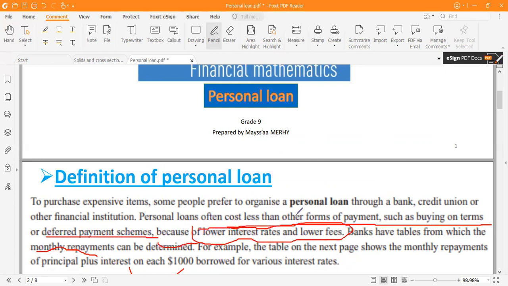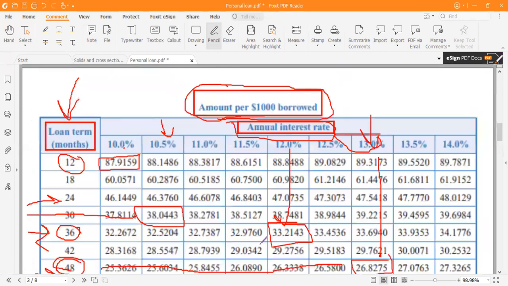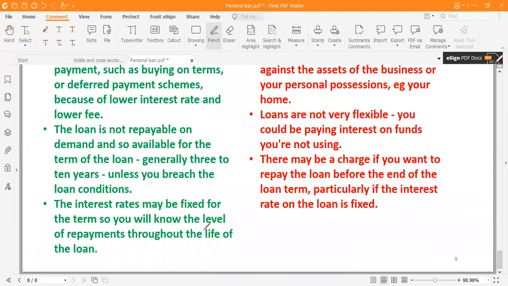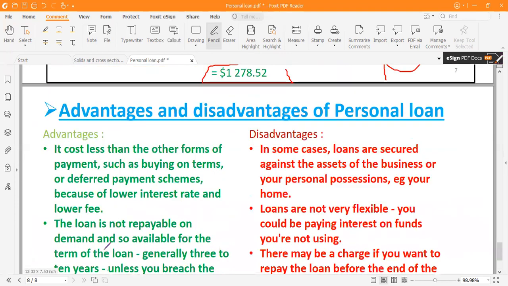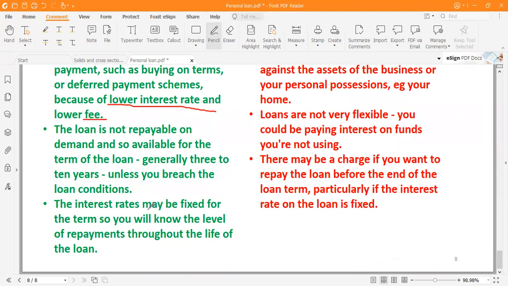So this sentence represents an advantage of the personal loan. We can write it: it costs less than other forms of payment, because of lower interest rates and lower fees.